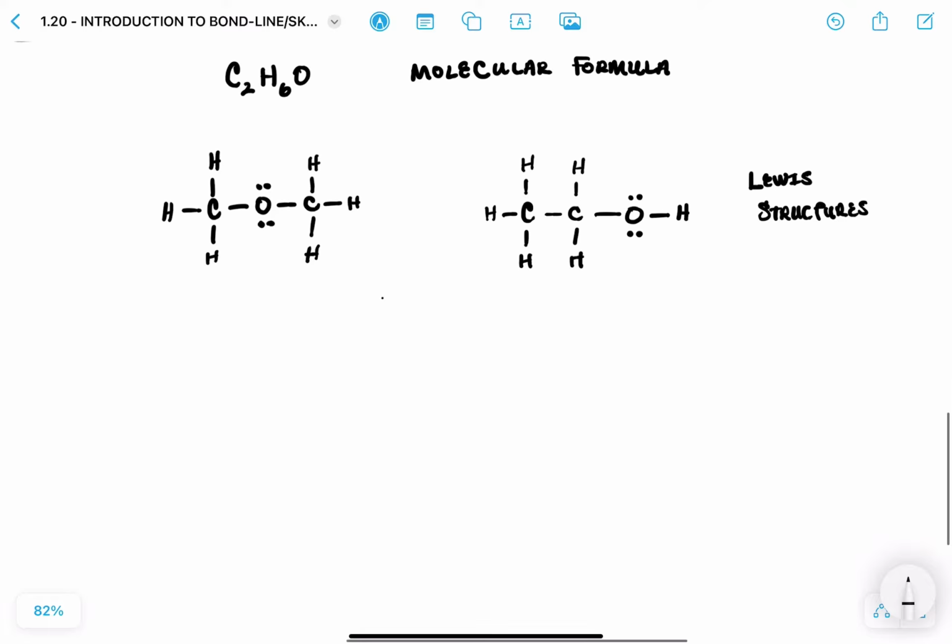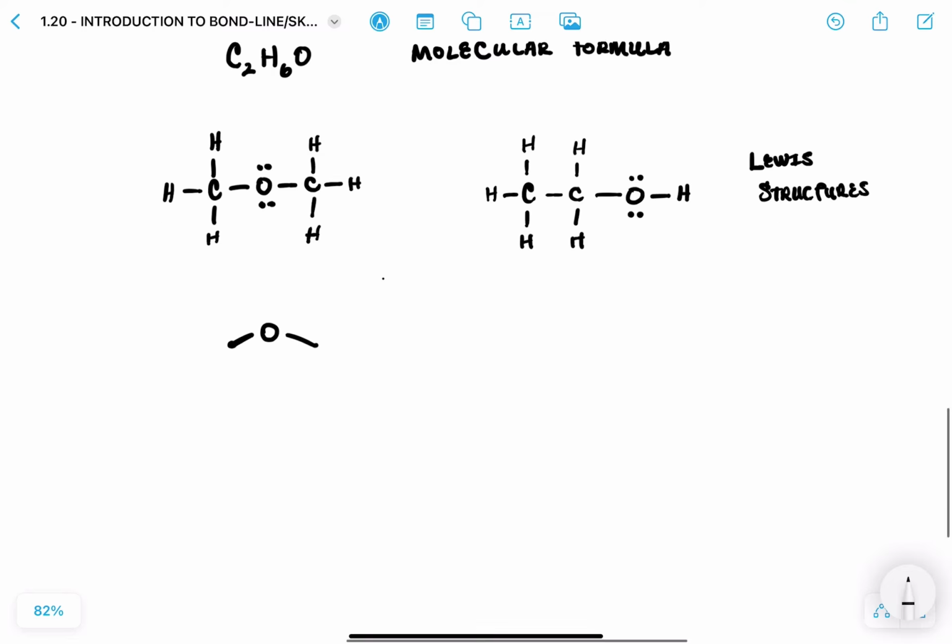And so now let's go ahead and draw the skeletal structures. So skeletal structures, the endpoints imply carbons. So these are carbons. And the hydrogens are also implied.